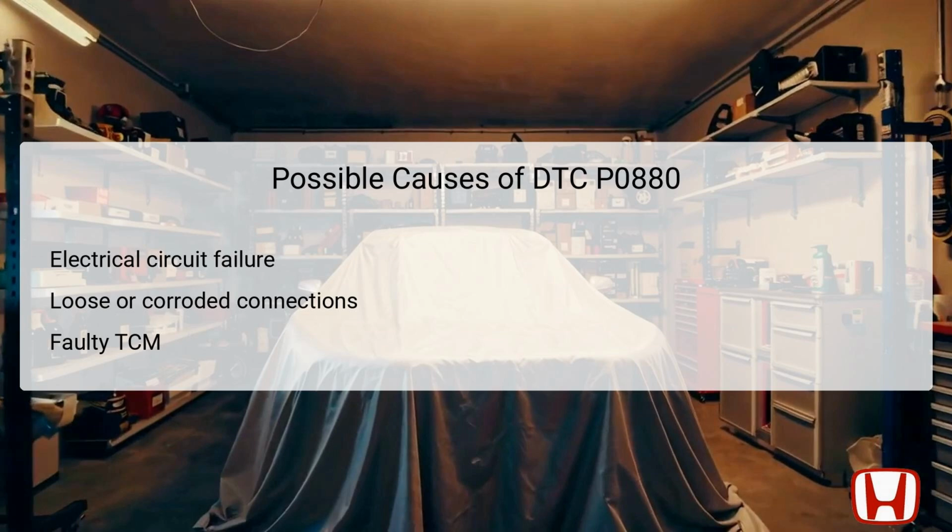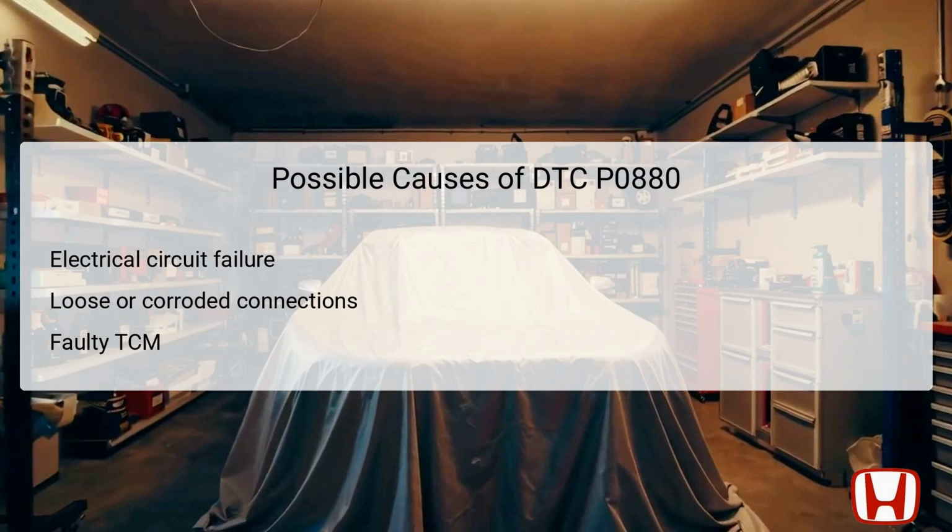First, an electrical circuit failure might impede the signal flow to the TCM, obstructing its ability to perform its operations effectively. Secondly, loose or corroded connections within the wiring harnesses can interrupt or degrade signal quality, potentially triggering the DTC. Furthermore, a faulty TCM itself could cause this diagnostic trouble code if it's unable to process the power input signals correctly.